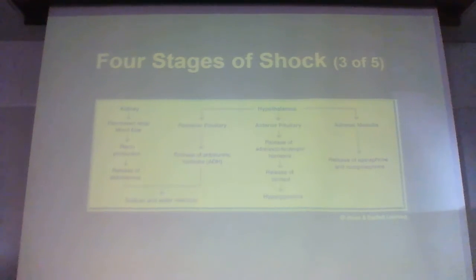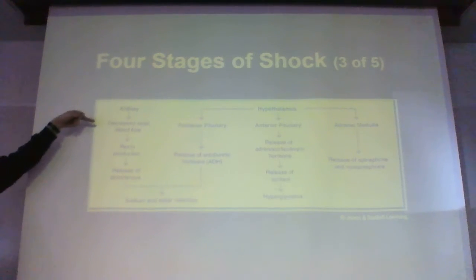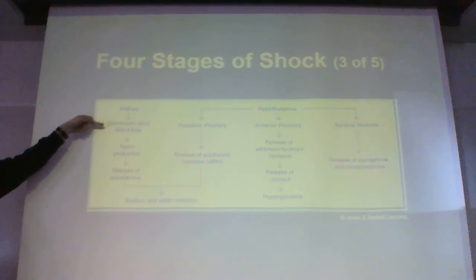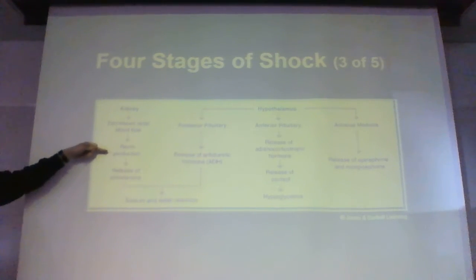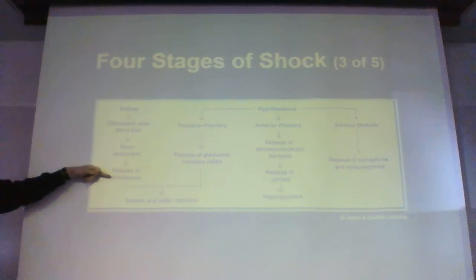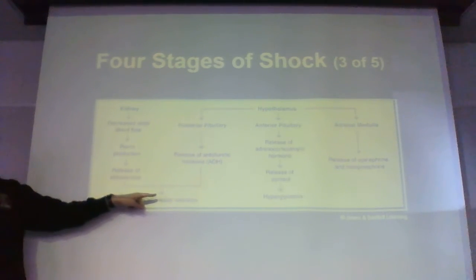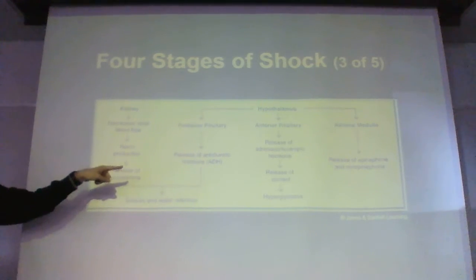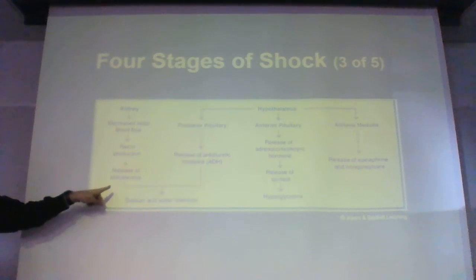So, when we decrease renal blood flow, we increase the renin-aldosterone system, which helps us retain sodium and water. We release the ADH, which again helps us retain sodium and water.